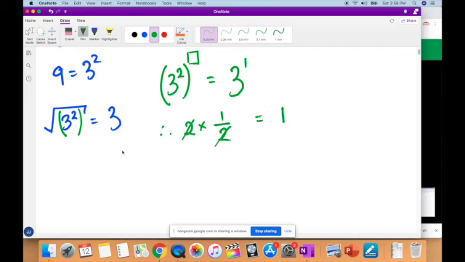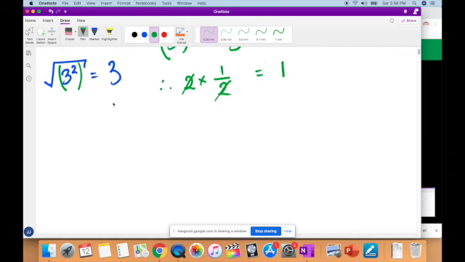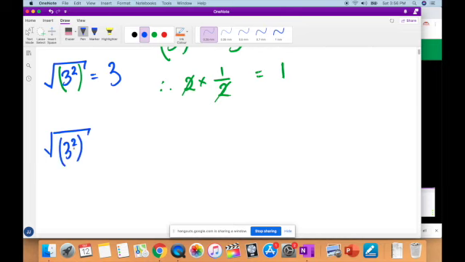So therefore, the square root of 3 squared. Remember, this entire 3 squared is under the square root. That is actually the same as saying 3 squared all to the power of a half. And that will give me 3 to the power of 1.